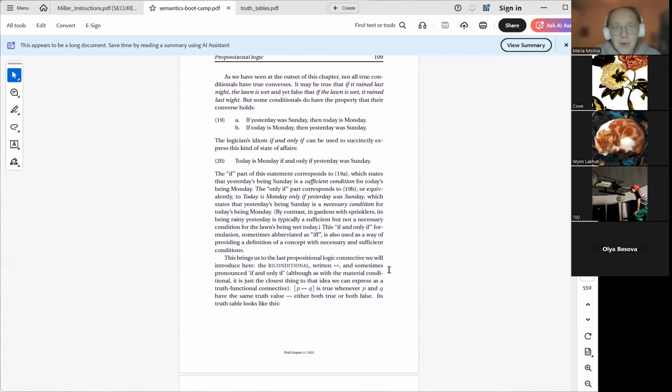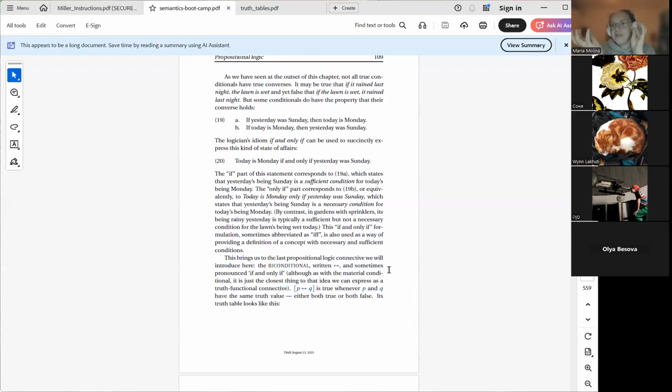And now we come to what? Okay. Now we come to the fact that not all true conditionals have true converses. It may be true that if it rained last night, the lawn is wet. You remember that example? It is false that if the lawn is wet, it rained last night.